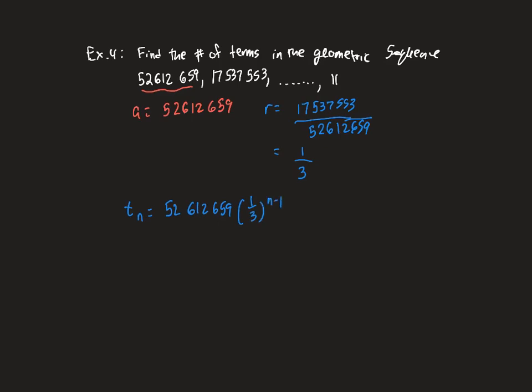Of course, I know that this T of n was 11. So we're going to be doing the same thing we did before. We're going to do 11 divided by 52,612,659.